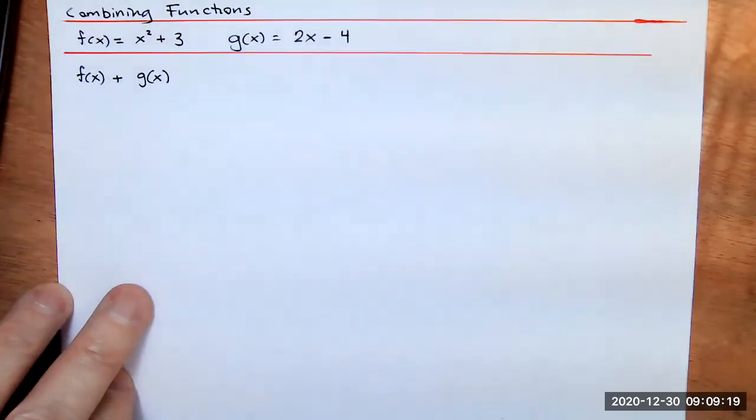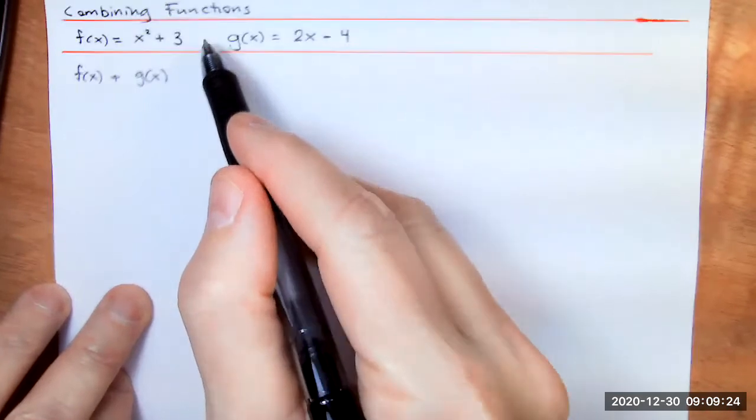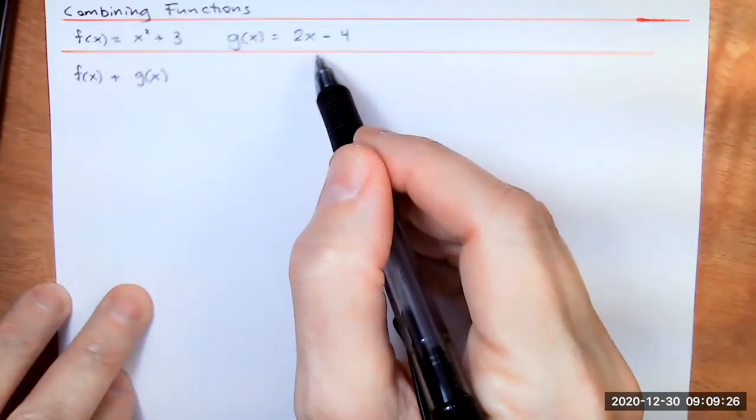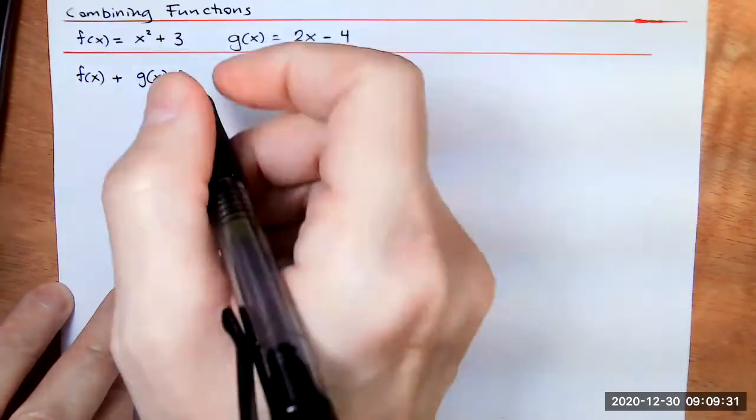All right, let's talk about combining functions. So if f of x is x squared plus 3 and g of x is 2x minus 2, can you find f of x plus g of x?